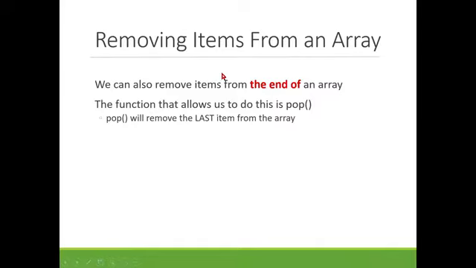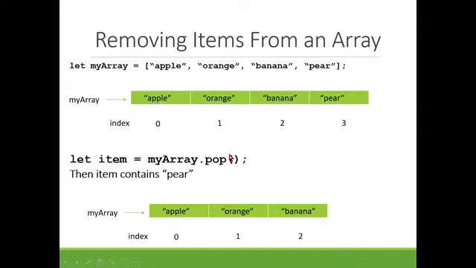If you want to remove an item from an array, we can remove an item from the end of an array. The function that allows us to do this is pop. So if you start out with this array that we just had, if we call myArray.pop, pear will get removed, and myArray.pop returns that value that's removed.